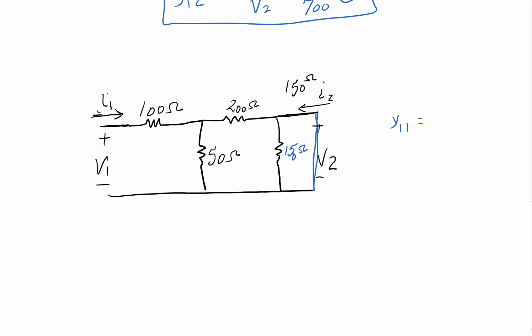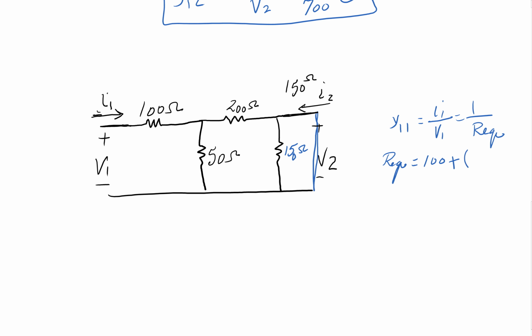As you can see, this is short with one, I'm parallel with 150, so 150 is gone. And if you notice, y11 is I1 over V1, which, once again, is 1 over R equivalent. And the R equivalent is simply going to be 100 in series with 250 in parallel, because the other one is short.